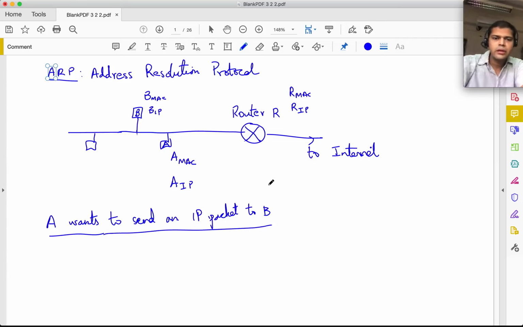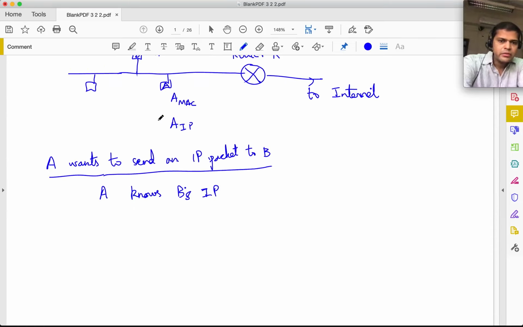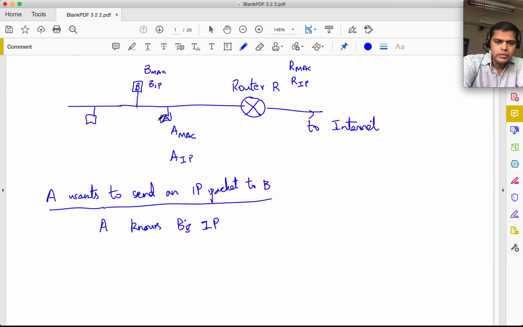So this is the scenario, and A, let's say, knows B's IP address, which is this BIP. Okay, so let's say that somebody knows the IP address, and he wants to send a message from A to B. So how is this IP packet going to go to B?